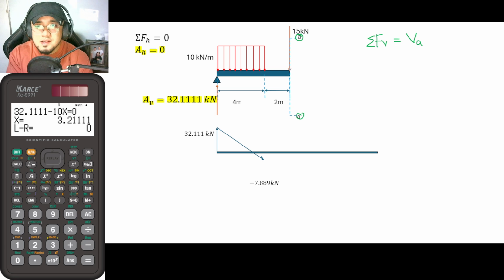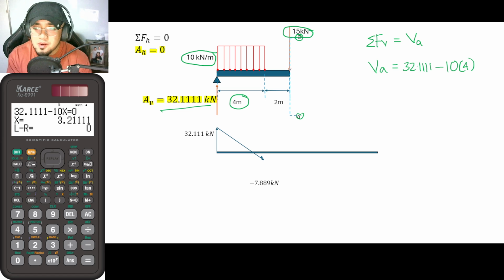So from that, VA is now equal to, what are the vertical forces acting here? We have 32.111 minus 10 kilonewton per meter times 4. So minus 10 times 4. Do we still have more? Once again, 15 is not yet included because our section is a little bit to the left of 15 kilonewtons.